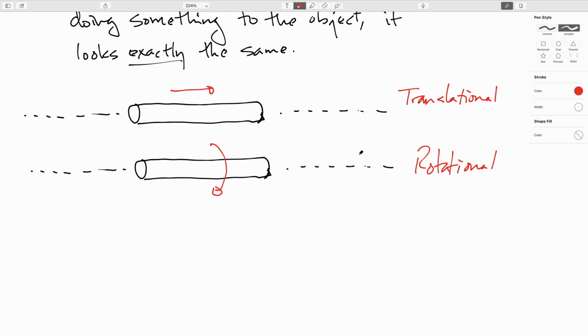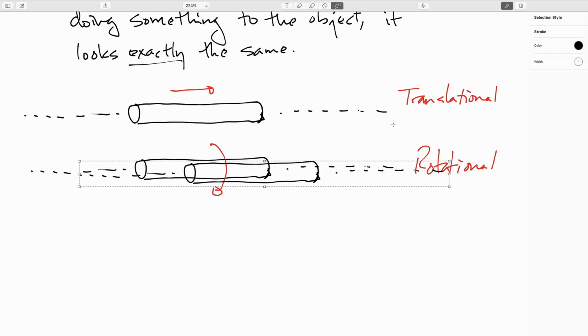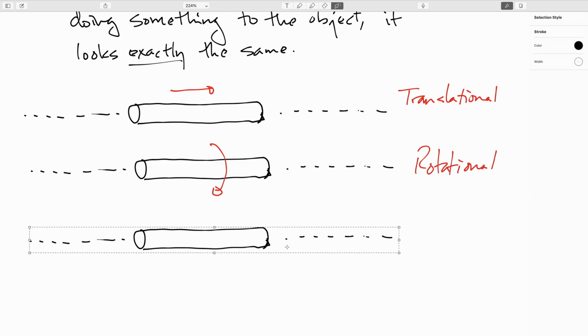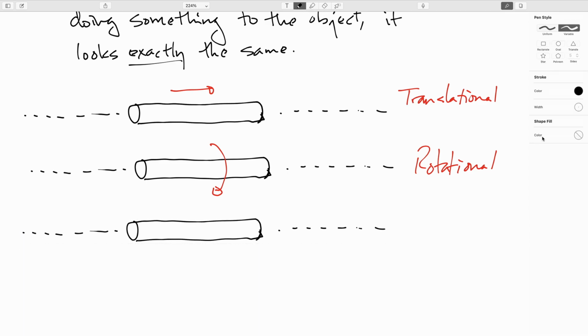We can also talk about, say, if we take our cylinder here, so let's make another copy of it. There we go. What we could imagine doing is reflecting it about some plane.